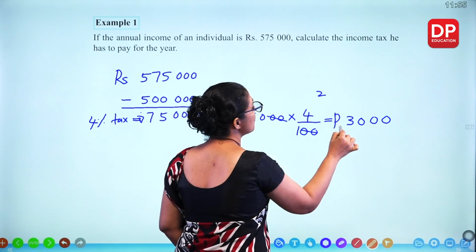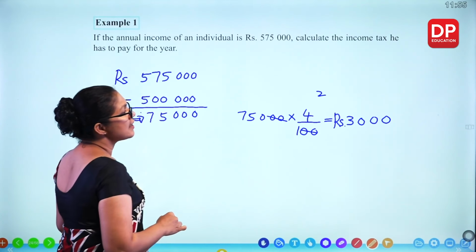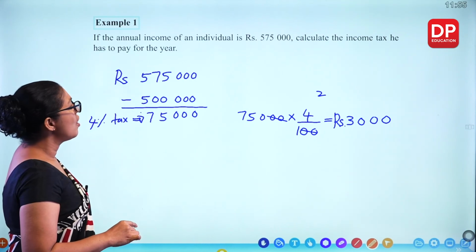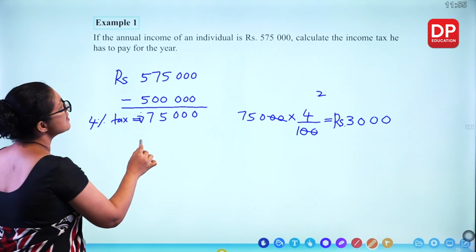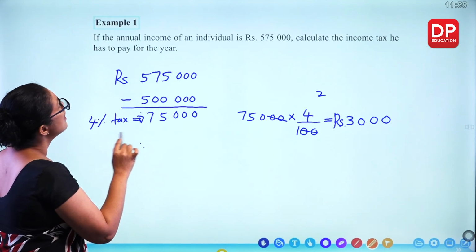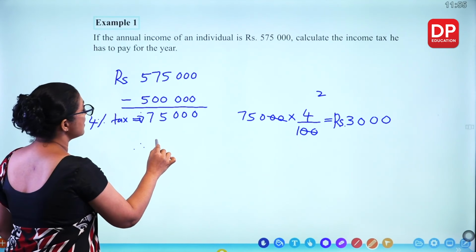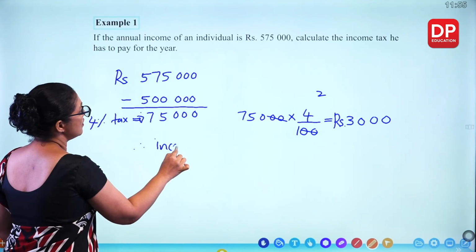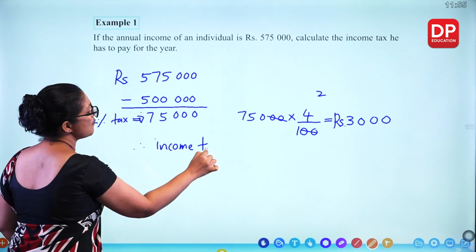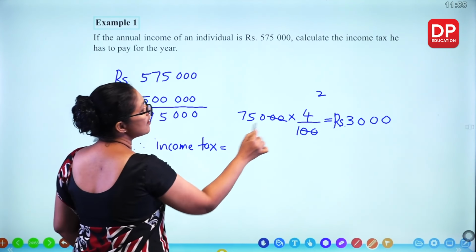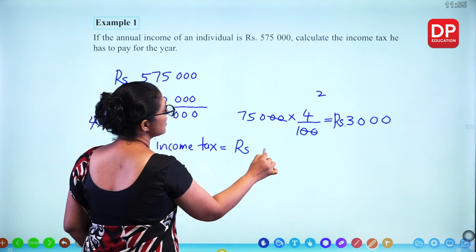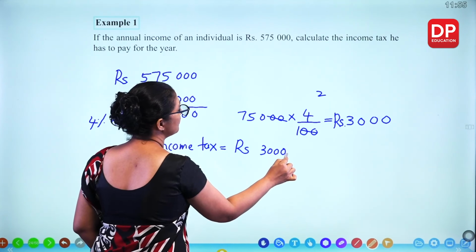So 3,000 rupees for this amount. So what's the total income tax value? The income tax value is 3,000 rupees.